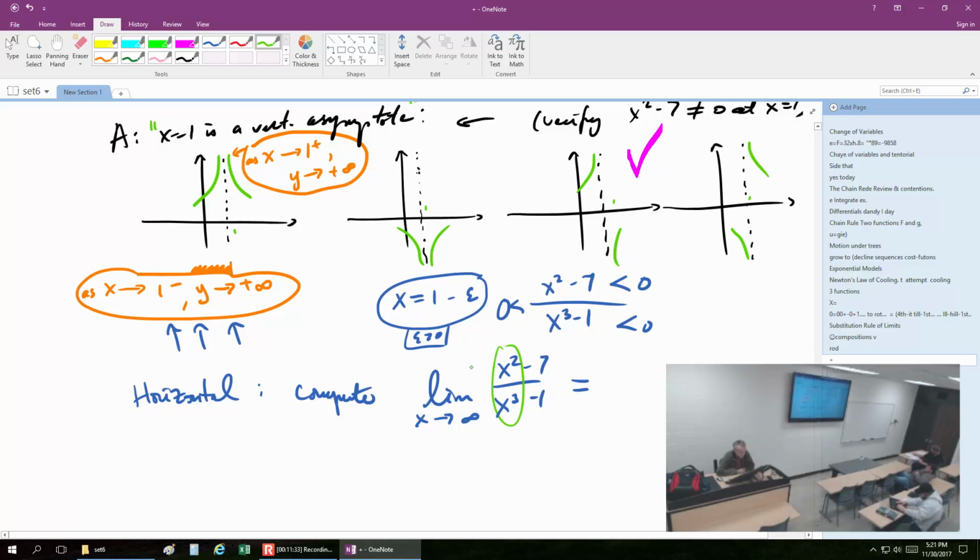The two leading terms, x squared and x cubed, the rest is gone. Combined together, they give me what? The answer is 0, but if you cancel them, you have 1 over x, and x goes to infinity. The answer is indeed 0. So y equals 0 is the answer.